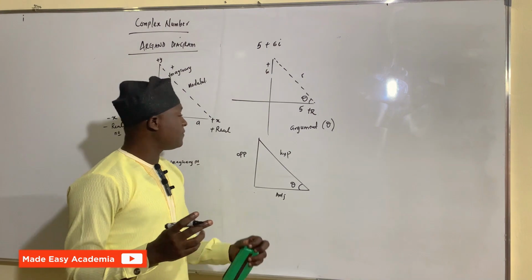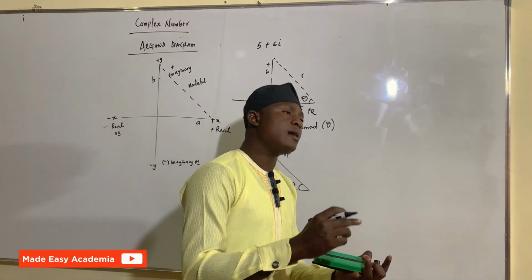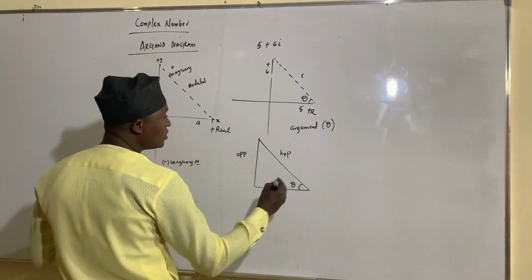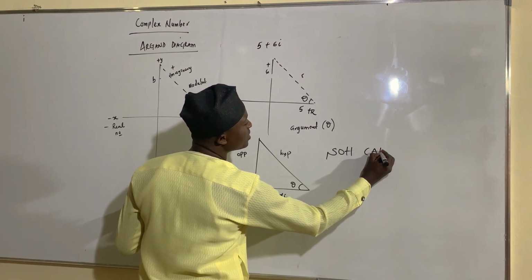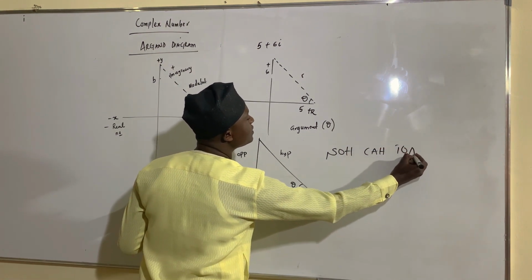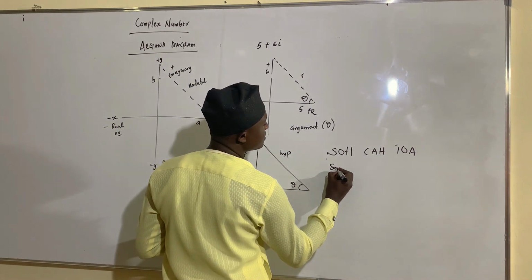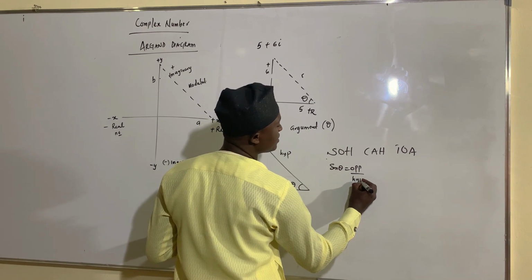You remember the formula, SOHCAHTOA? We have sine theta, cos theta, and tan theta. This is SOHCAHTOA, the one we learned in junior secondary school. It's just an acronym. So sine theta is equal to opposite over hypotenuse.